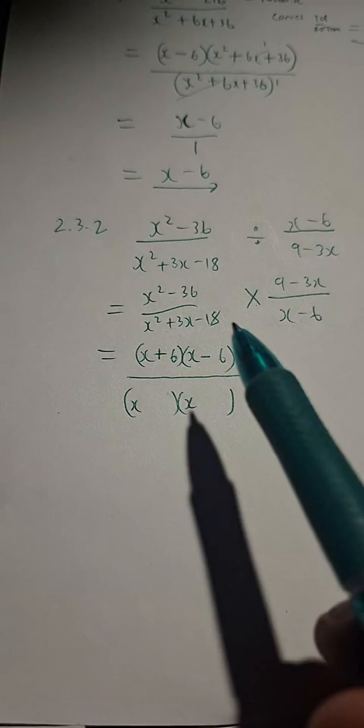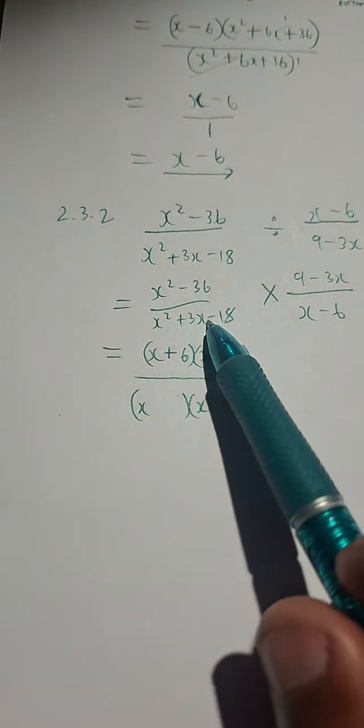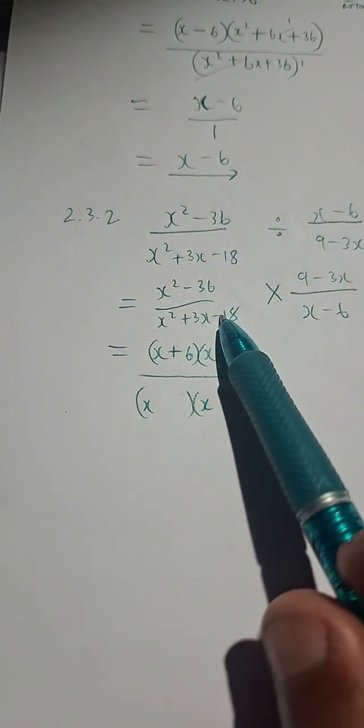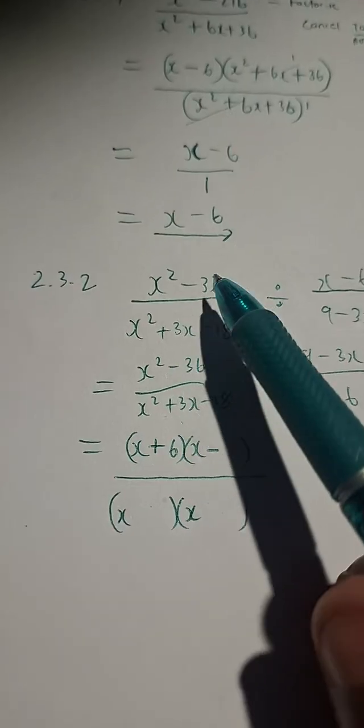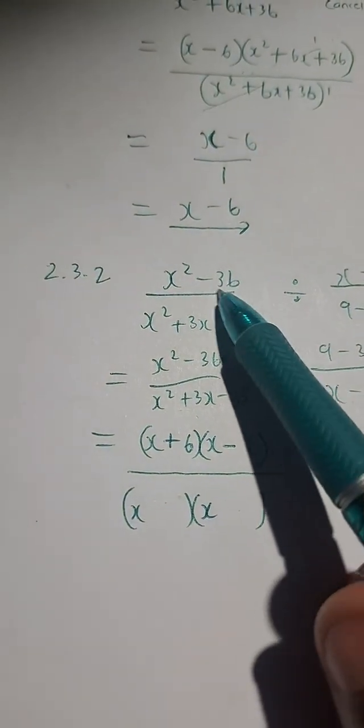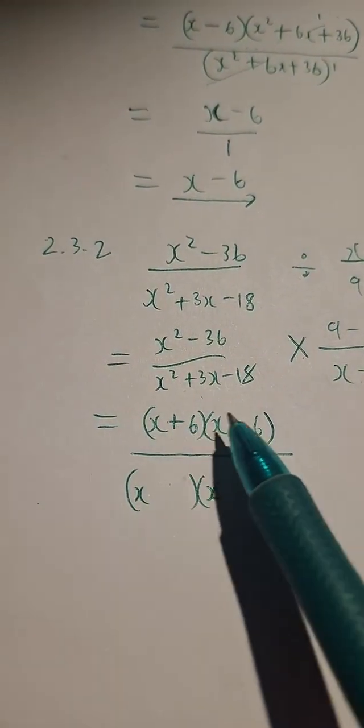Who is positive? Remember, when the constant is negative, it means we are going to have different signs inside the bracket. When the constant or the last term is negative, it means we are going to have different signs.